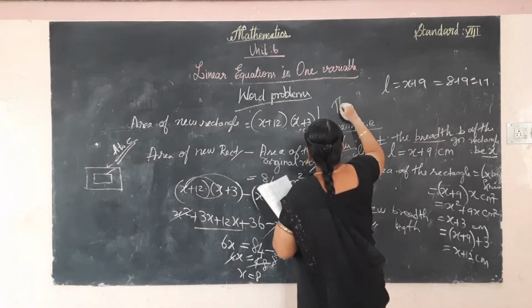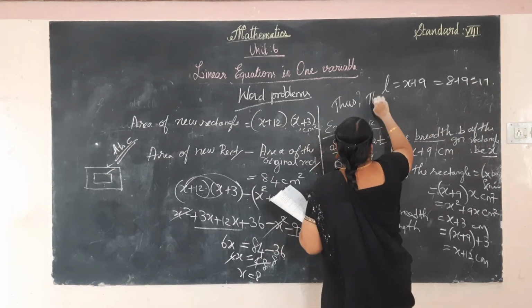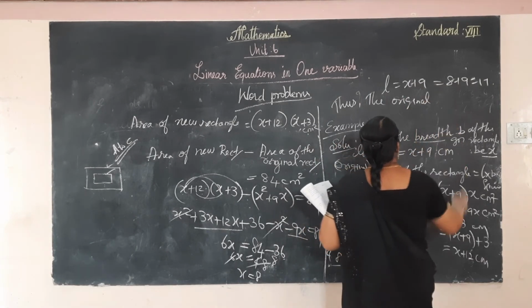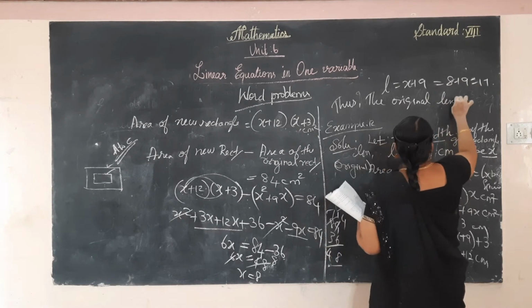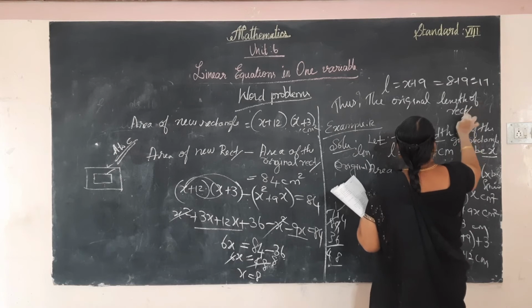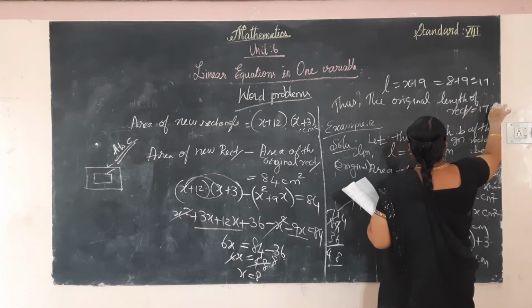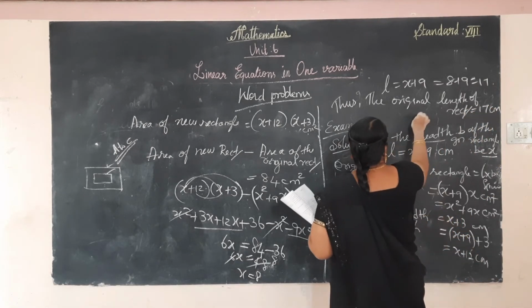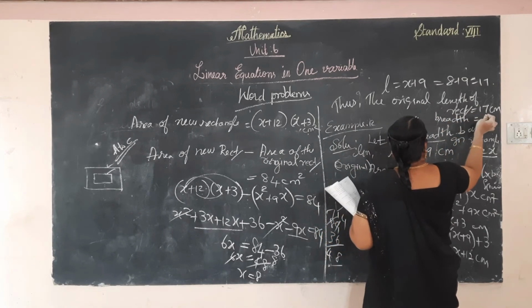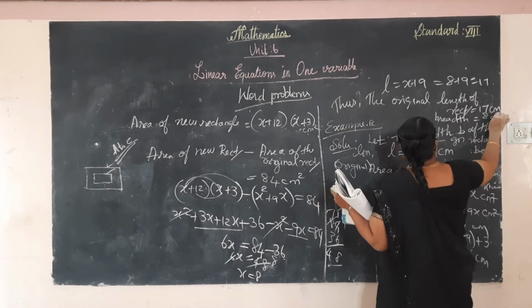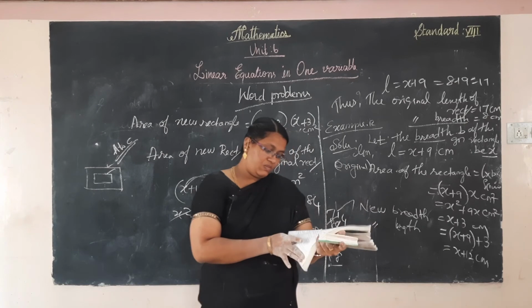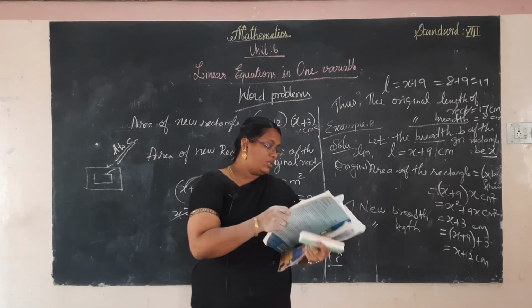Thus the original length of the rectangle is equal to 17 centimeter, and the breadth is equal to 8 centimeter. Okay.